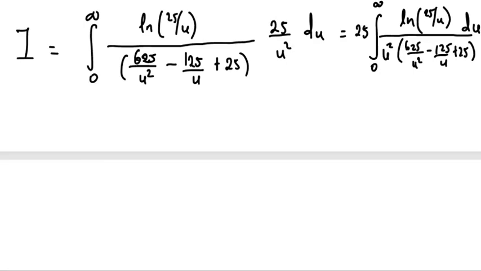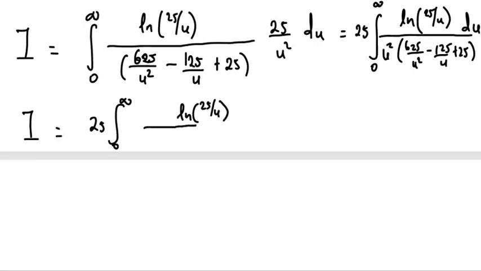So I is equal to 25 multiplied by the integral from 0 to infinity of natural log of 25 over u, divided by, now u squared times 625 over u squared is giving us just 625, minus u squared times 125 over u is giving us 125u, and then plus u squared times 25 is giving us 25u squared, and then we have our du. So what are we going to do from here?